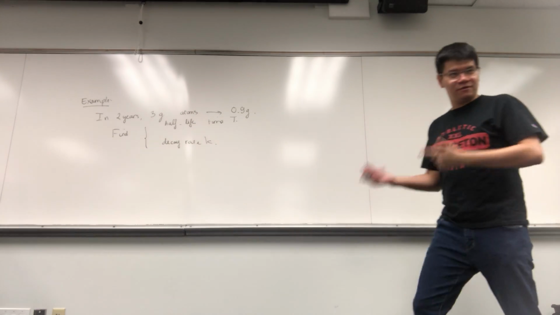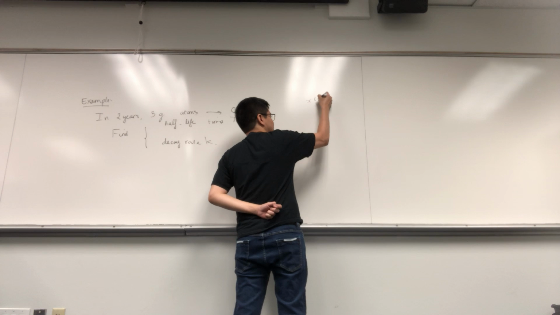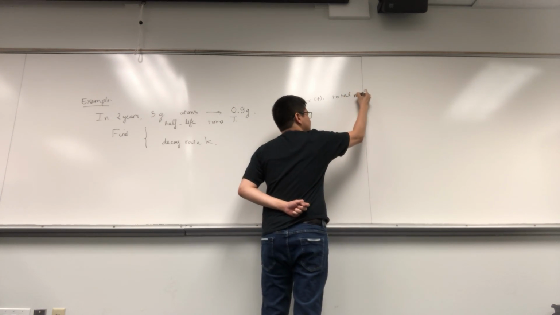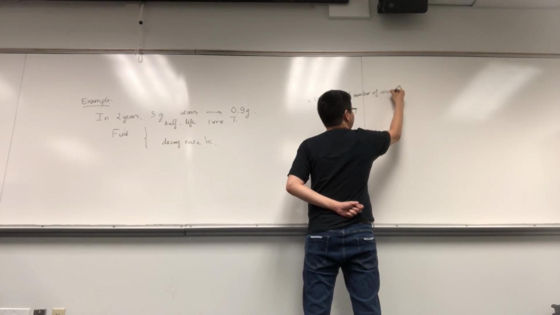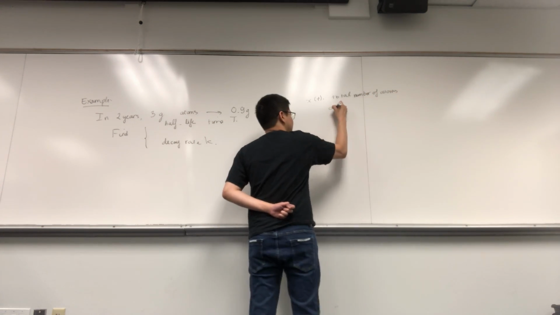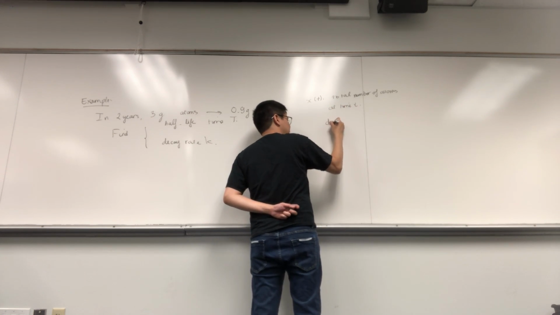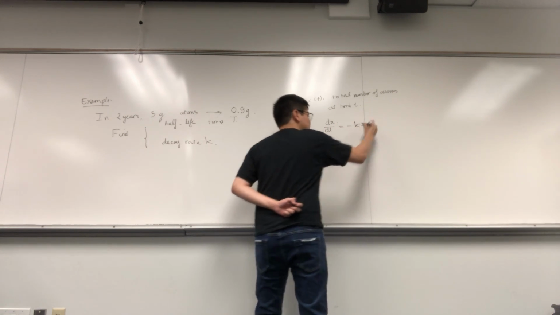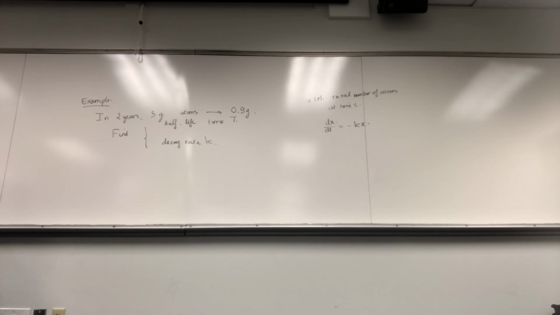So we have decay, and so if we call x(t) the total number of atoms at time t, you're gonna have dx/dt is minus kx. This is the equation of the decay of atoms that we learned from the previous class.